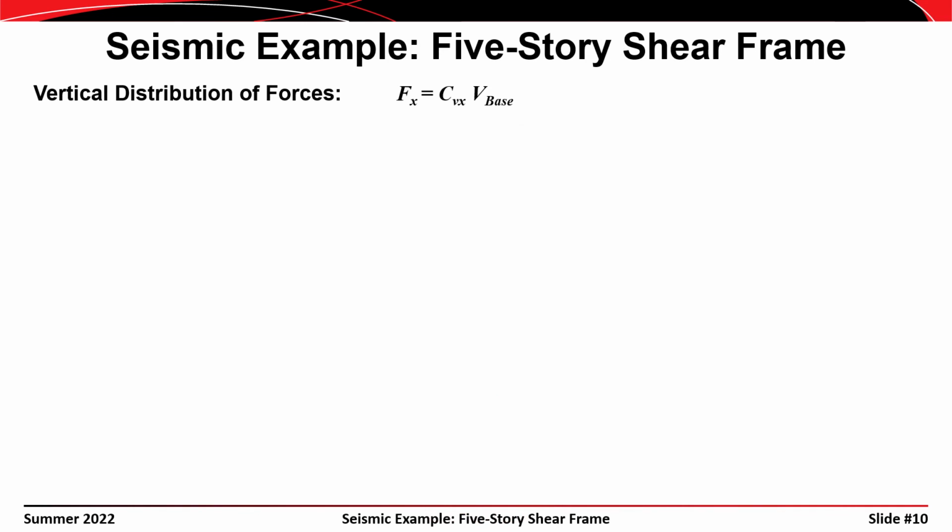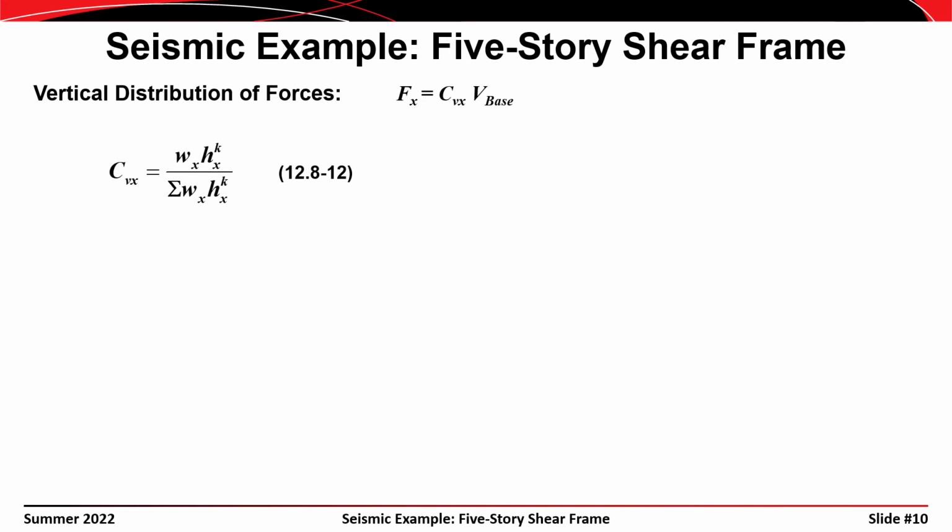Now that we have the base shear for our structure, the next step is to determine the vertical distribution of forces. This is the determination of the forces that are applied at each structural level in our structure. F sub x, the force at each level, is equal to C sub Vx times the base shear. C sub Vx is determined using this equation, where we have the weight at each story times the height of that story above the ground to the kth power, divided by the summation of W times H sub x to the kth power.